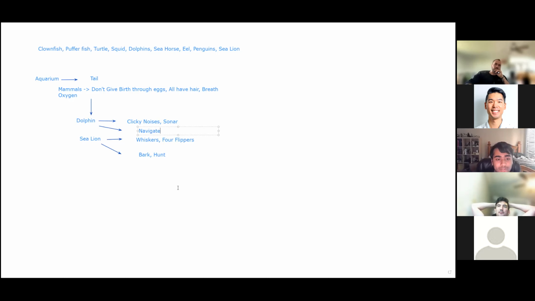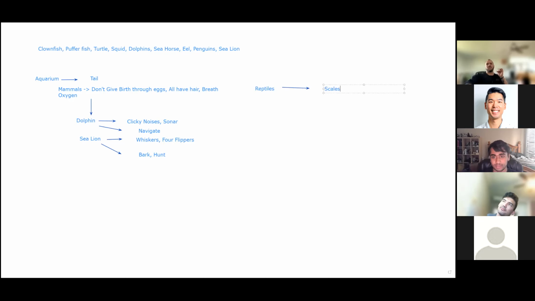Okay. So now we got mammals. Let's try to figure out something similar for the fish and the reptiles, right? But I'll let you guys do this more on your own, just so you get more of a feel for it. So we have reptiles. What are some properties of reptiles? You have scales.